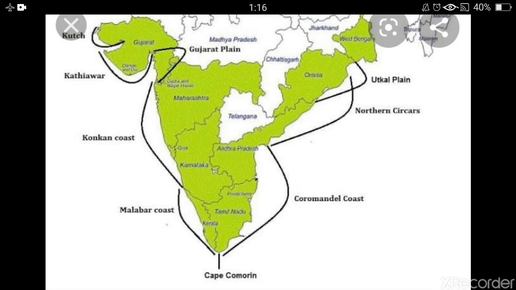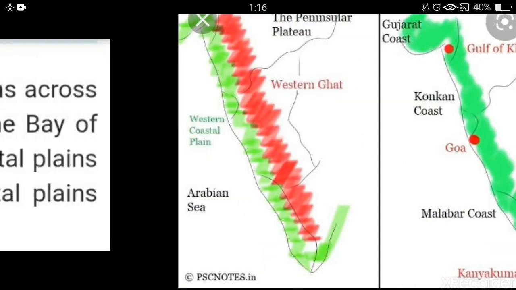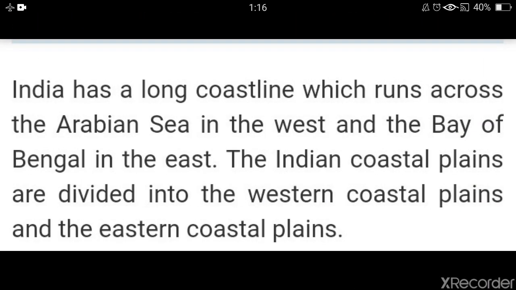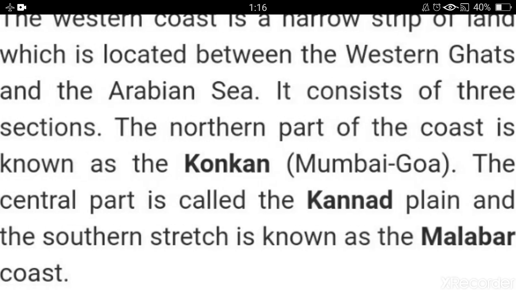So all that you are seeing on the map is the coastline, and India has one of the longest coastlines. Indian coastlines are divided into two parts: the western coastal plains and the eastern coastal plains.